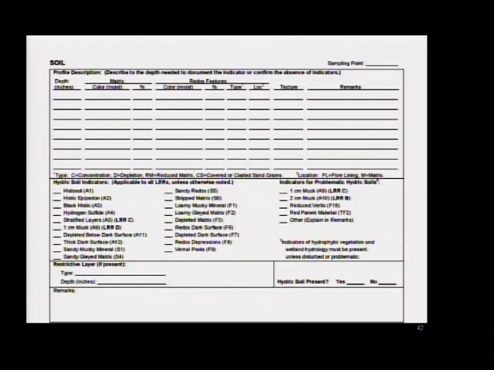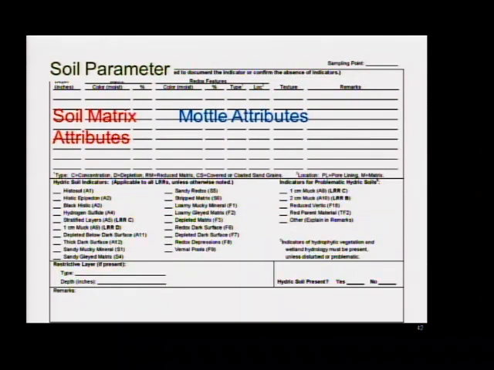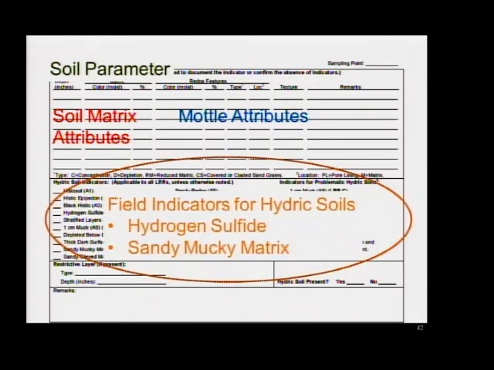On the second page of the form is a section for evaluating the soil parameter. The depth of the soil layers and any defining characteristics of the soil matrix and of any mottles are recorded and essentially keyed out in the book of hydric soil field indicators to determine if any of the field indicators apply. Listed here are some of the examples of field indicators indicative of a hydric soil.